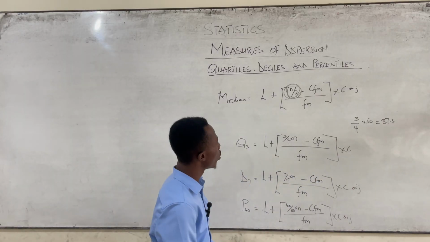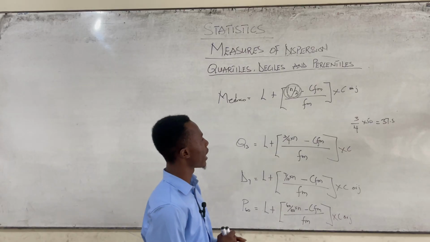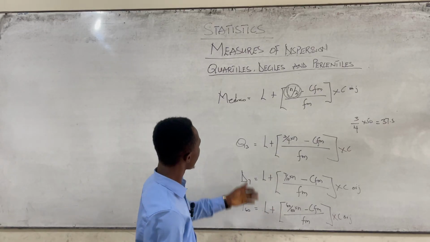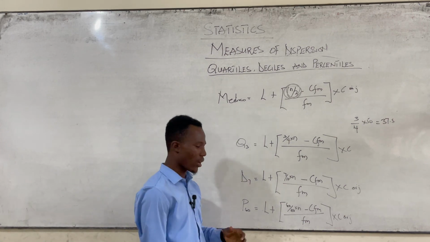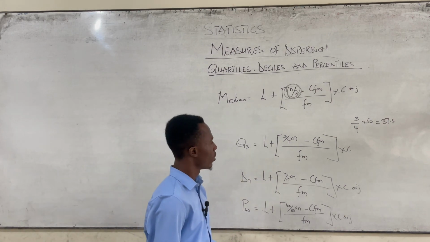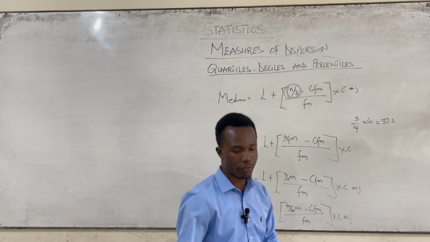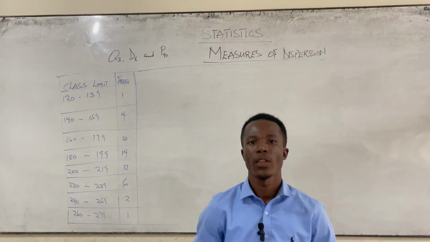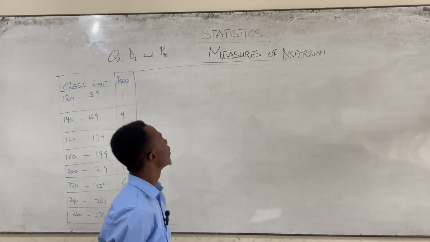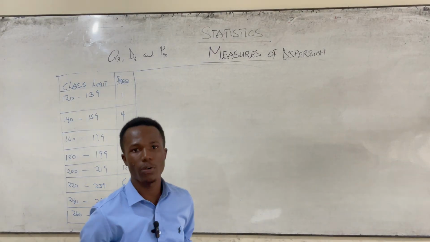Do you get it? So now let's quickly take a table of grouped data, then we calculate one of the quartiles, another for the decile, another for the percentile. Then we can say bye bye to measures of position. Now we are going to look at measures of position, that is our quartile, decile, percentiles.